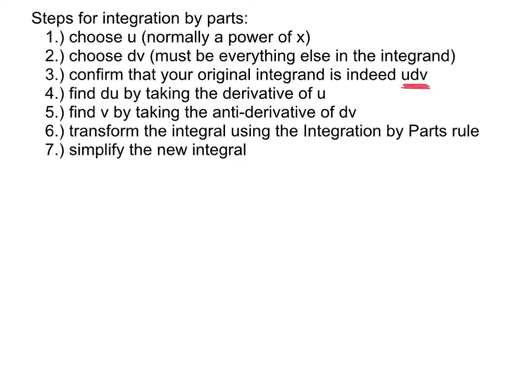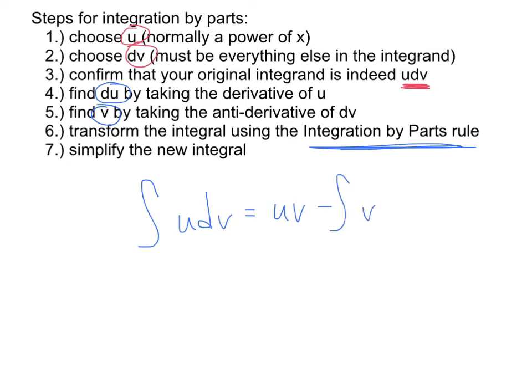And then once you have u, dv, du, and v, you can transform the integral using the integration by parts rule. Remember that the rule was the integral of u dv is equal to uv minus the integral of v du. And then step 7 is simply simplify this new integral.